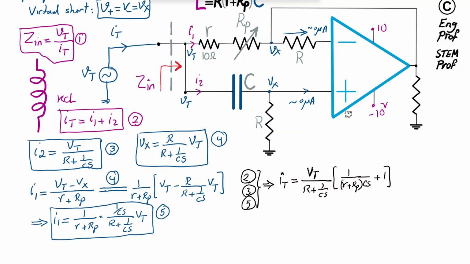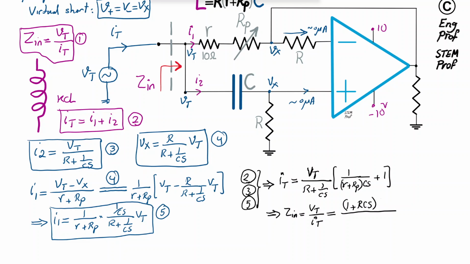Okay, so what is the next step? It's going to be as simple as saying Zin, the input impedance of this circuit, is Vtest over Itest, which is equal to 1 plus RCs in the numerator, and in the denominator we have this denominator.